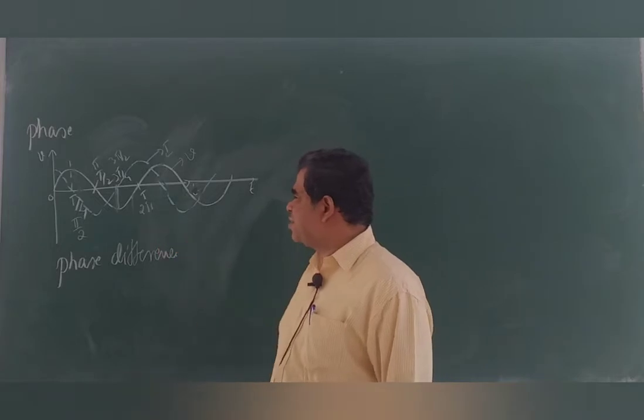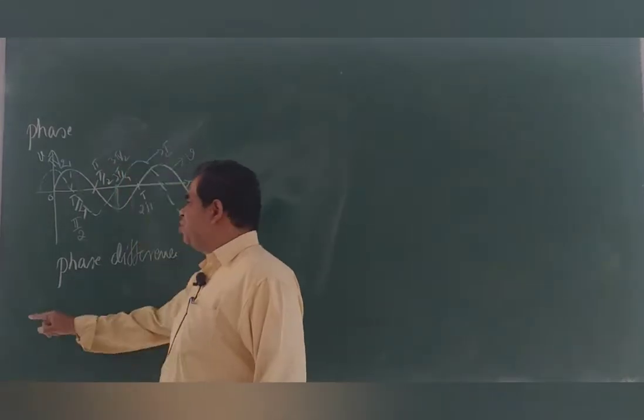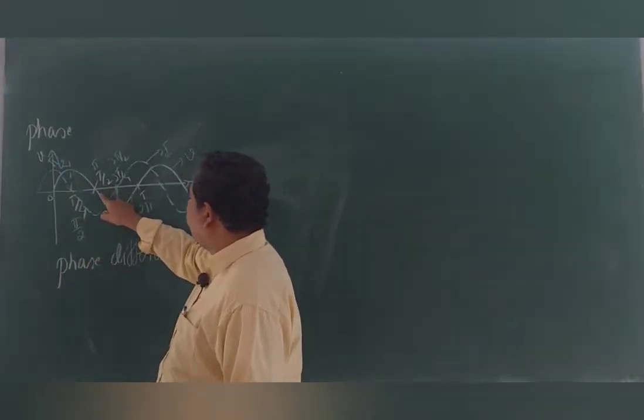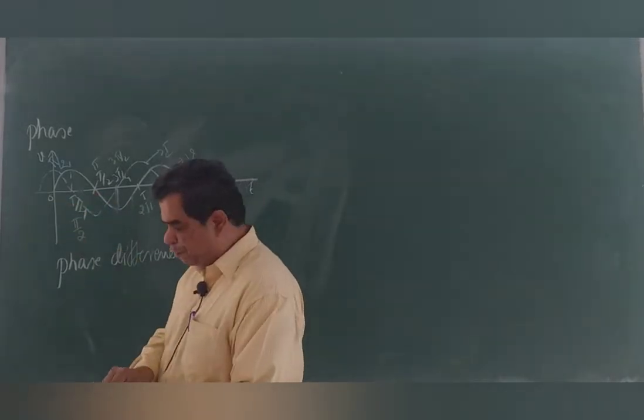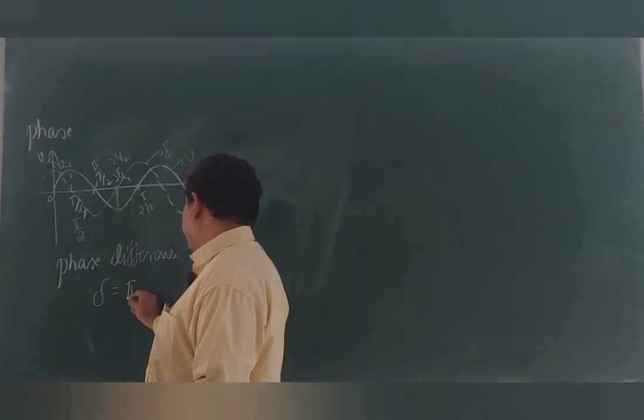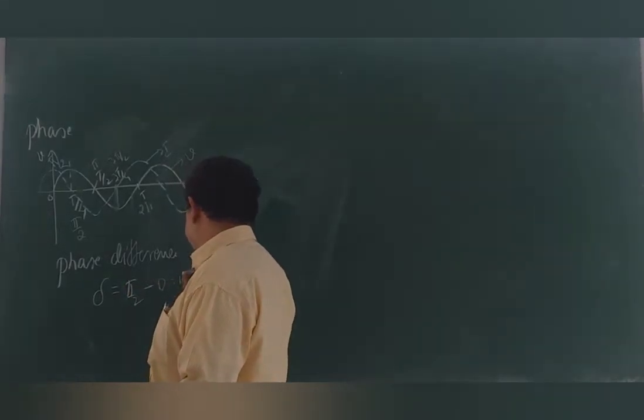Strictly speaking, if we imagine this started somewhere here, for blue, that is the current, the phase at 0 time is pi by 2. For voltage it is 0. Therefore, phase difference, which we usually denote by delta, is pi by 2 minus 0, that is, pi by 2.